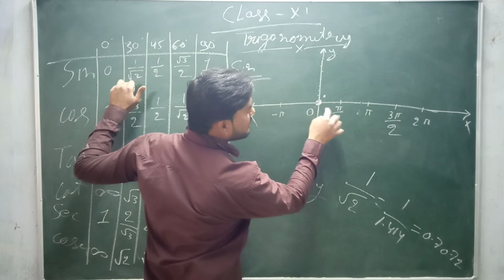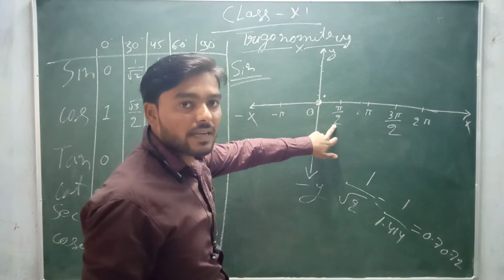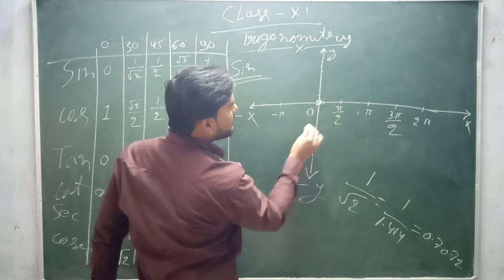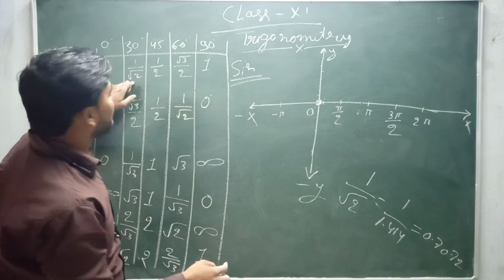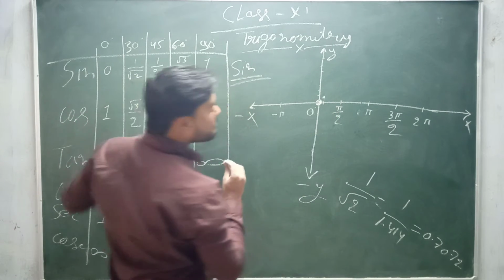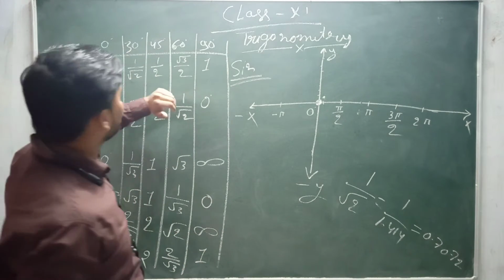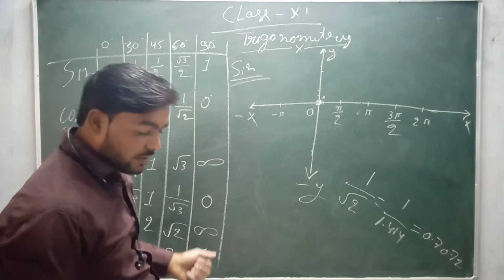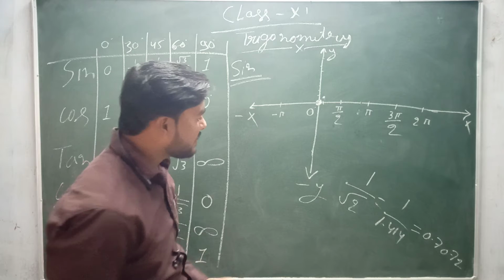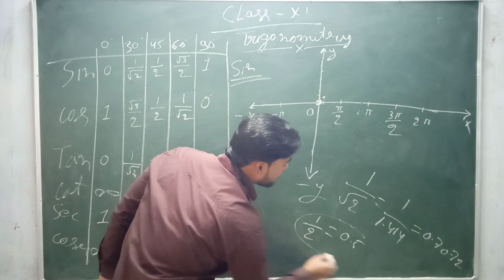Oh, sorry, 90 is here, and then 30 will be here. Now what is the value of sin 45? 1 divided by 2 is equal to 0.5.